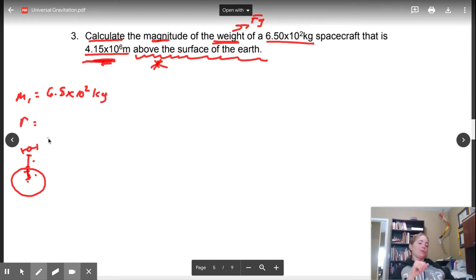So this number gets added to the radius of Earth. You're going to take your data sheet and get the radius of Earth off the back of your data sheet.